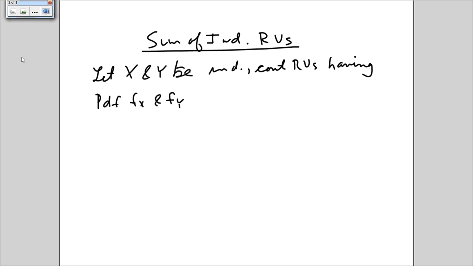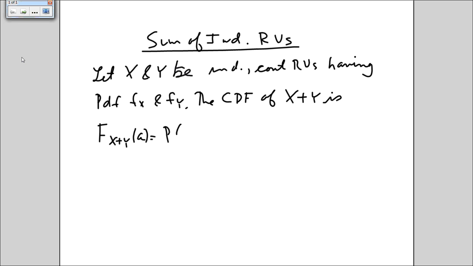Those are the PDFs. So, what is a cumulative distribution? The cumulative distribution function of the sum X plus Y is going to be given by capital F sub X plus Y of a.